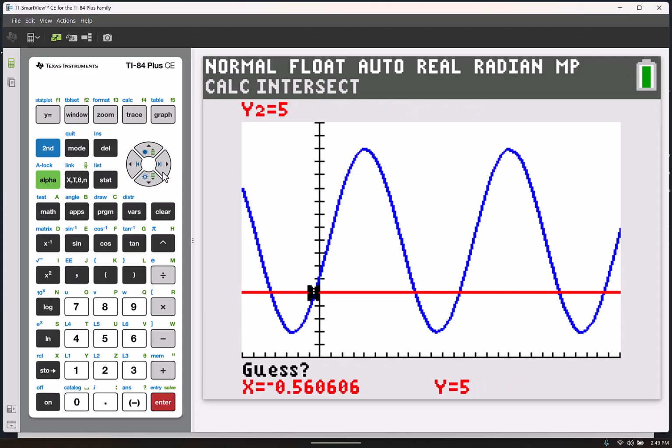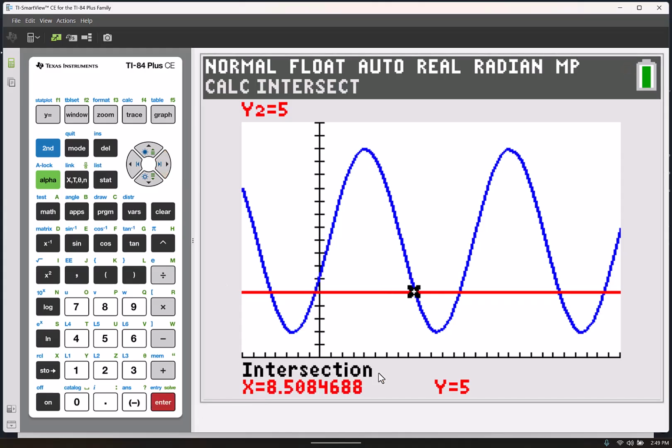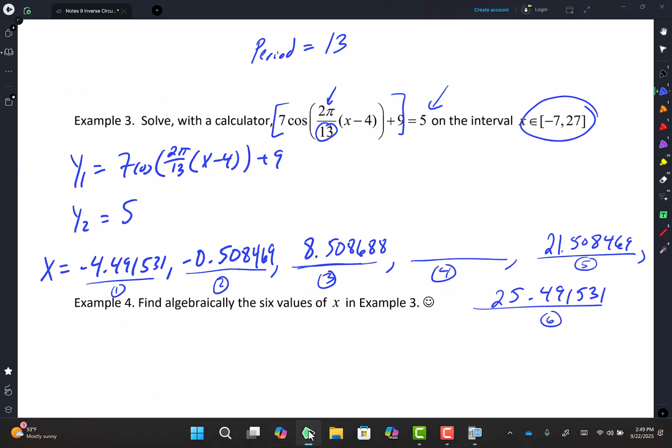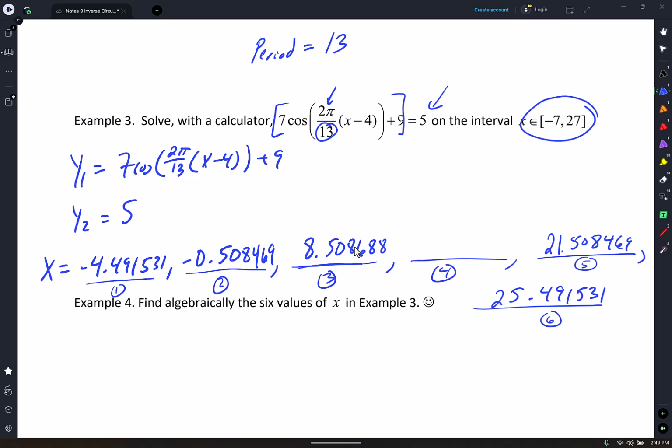Enter, enter. And it needs to say the word intersection, guys. You guys are just getting really close to it, probably. It needs to say that. See? 8.508469. Oh, you said 4, and I just didn't write it. Okay, what'd you guys get for the fourth one?